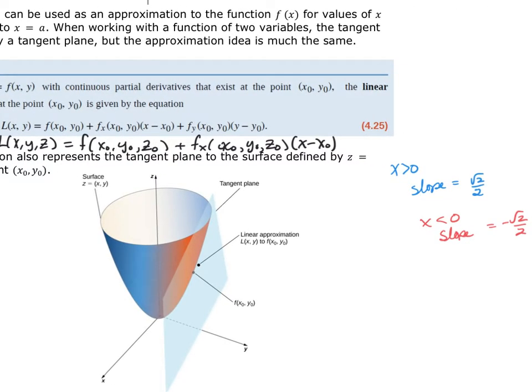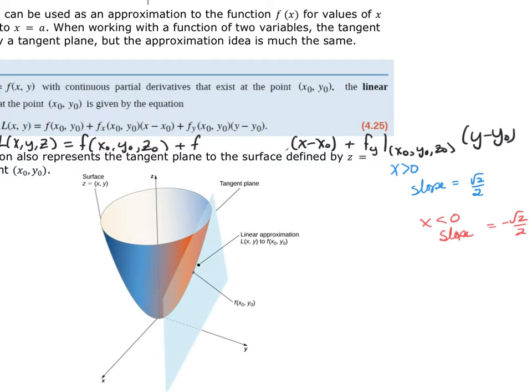And then plus my partial derivative with respect to y, evaluated at x naught, y naught, and z naught, multiplied by y minus y naught. Let me get my notation correct. Erase that.